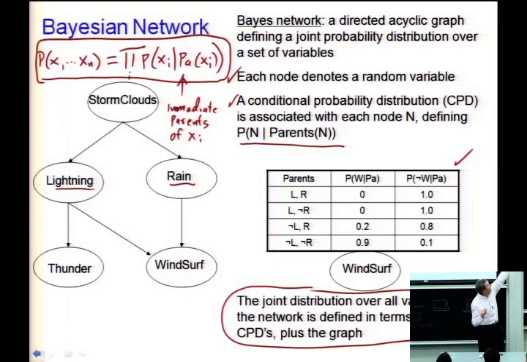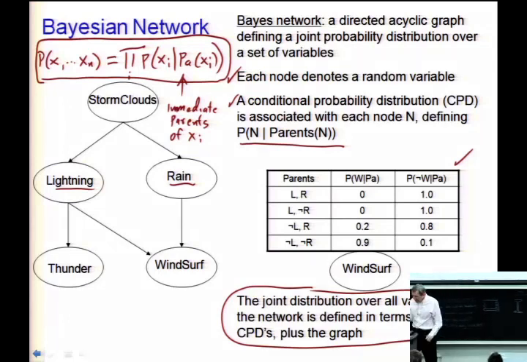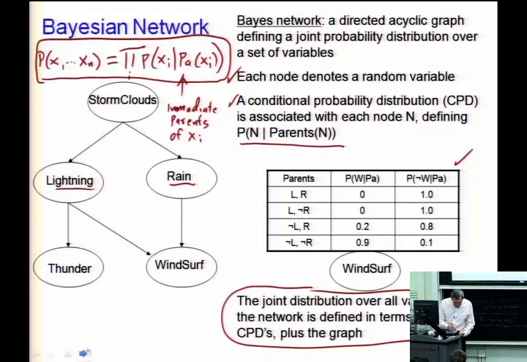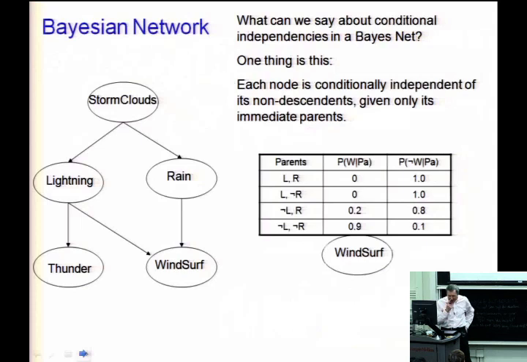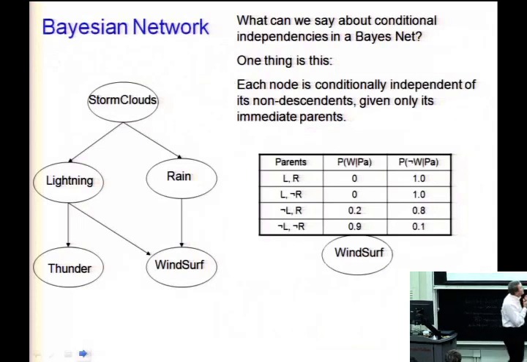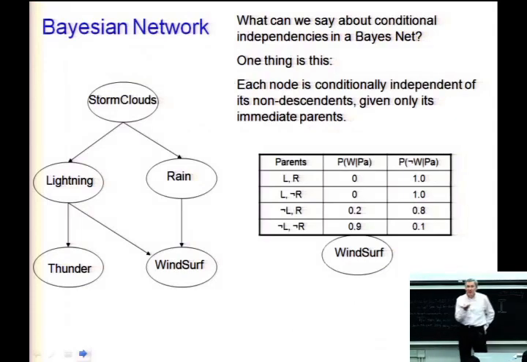Given that I know whether there's lightning, it doesn't depend as much. It doesn't depend on whether there's thunder. And in fact, that conditional independency is implicit in this graph, as we'll see in a sec. So let's ask, what can we say about the conditional independencies given a graph like this?